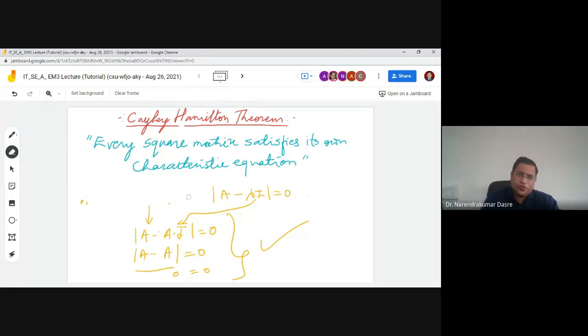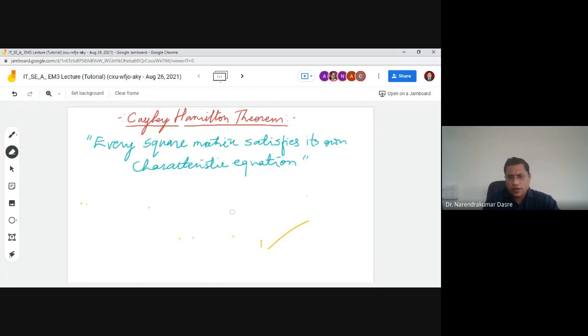The proof looks very simple, but the applications of this theorem are very numerous. You can have many applications of this theorem, and one of them is miniaturization, which we'll study here.